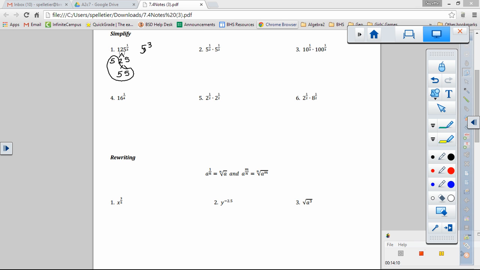And remember that that 125, or that 5 to the third, is being raised to the 1/3. And so the rule tells me when a power is being raised to a power, we multiply exponents. So I have 3 times 1/3, and that's going to end up being 1. So now I have 5 to the first, which is 5.